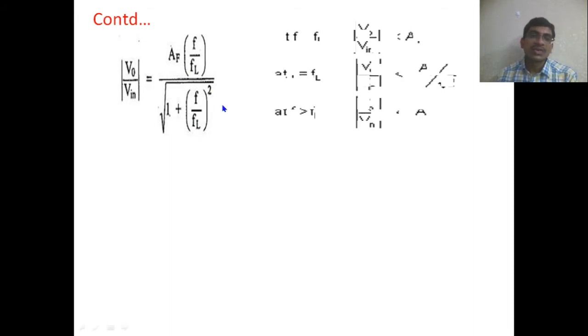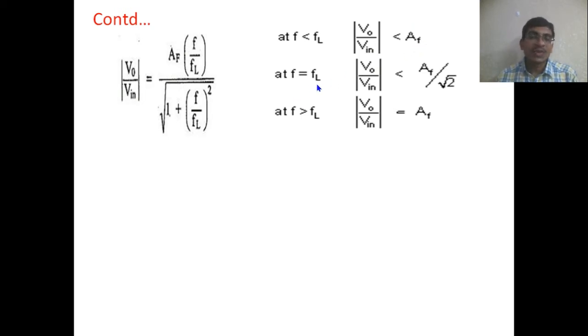Okay, so when F is less than FL, the entire F by FL whole square term in the denominator can be neglected, and the square root of 1 is equal to 1 only. Here also we can neglect this F by FL term. So V0 by VIN will be directly equal to the AF.